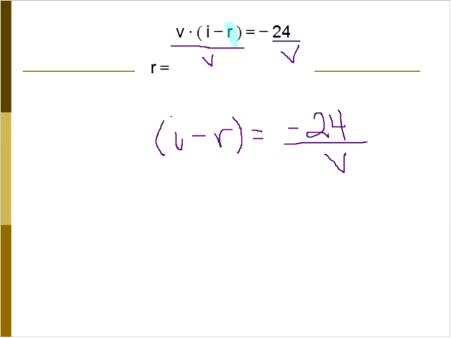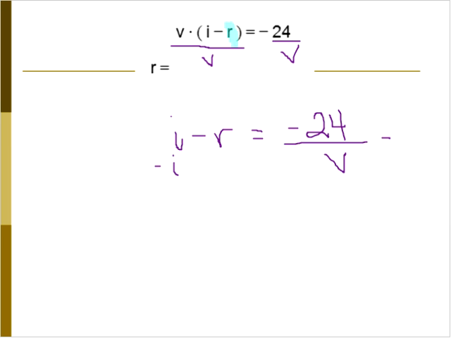Now technically I am going to get rid of these parentheses. I no longer need it because I don't have a variable out in front anymore. I don't have that value. We divided by it, nothing is there now except for a 1. So technically we can get rid of those parentheses at this point in time. Now to get r by itself, I would need to subtract I from both sides.